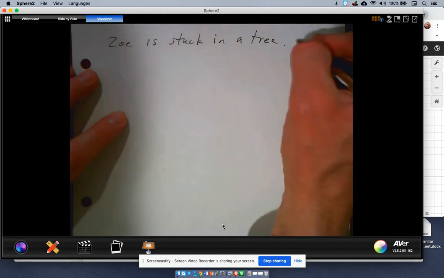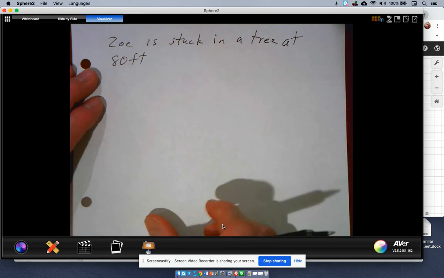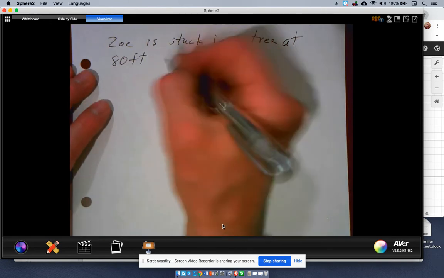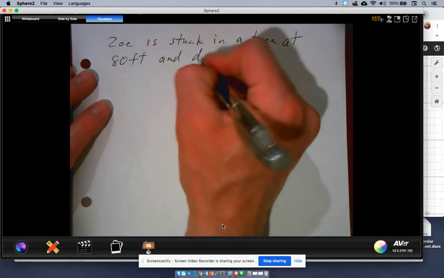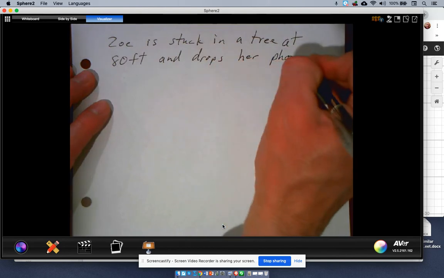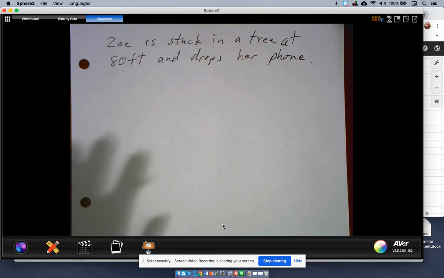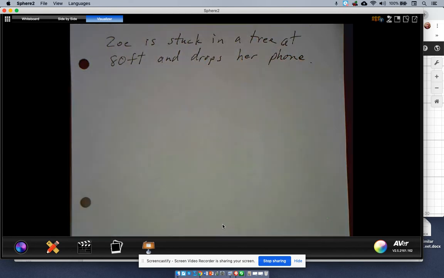And so we'll say at 80 feet. So she's stuck in a tree at 80 feet and drops her phone. So she cannot call anybody for help. So it's not a good situation, but it's a happy story in the end. Somebody sees her, calls the fire trucks. They come and they rescue her. All right, so it's all good.